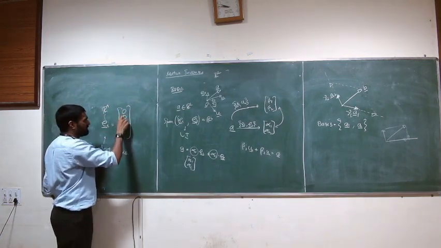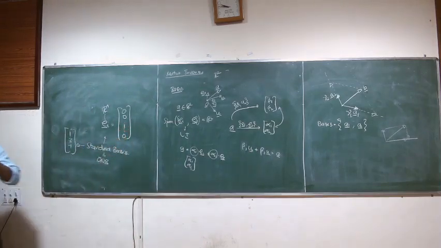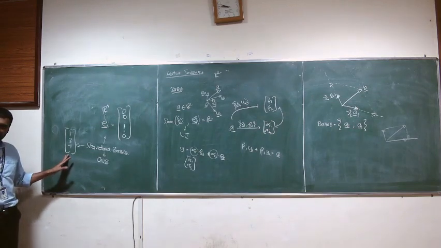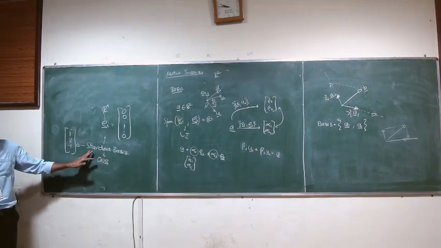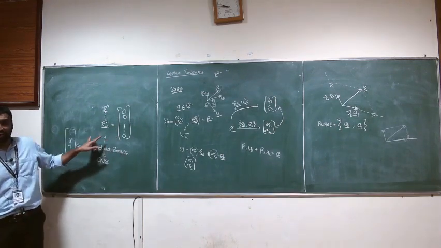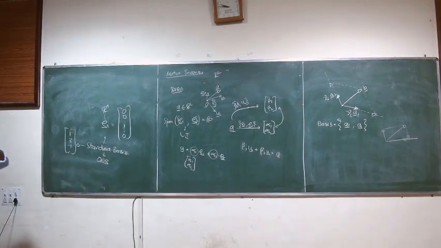Right, everything is 0 except the ith element is 1. So whenever you see something like this and the basis is not mentioned, you assume it's in the standard basis, and the standard basis is essentially your n unit vectors. Now in space, what directions those take, that does not matter.